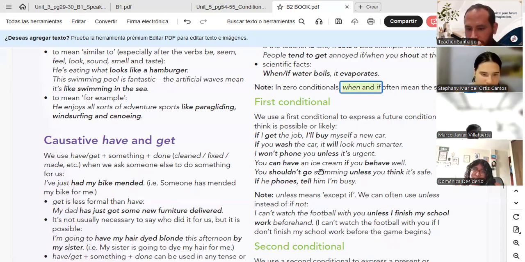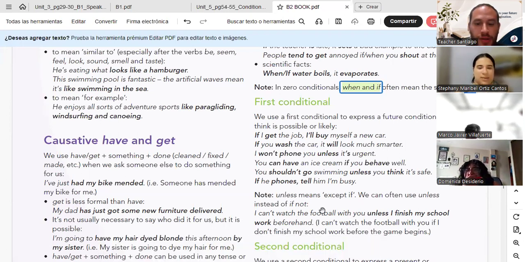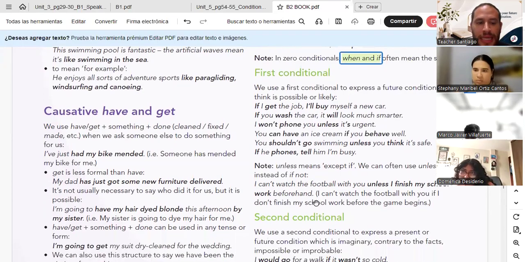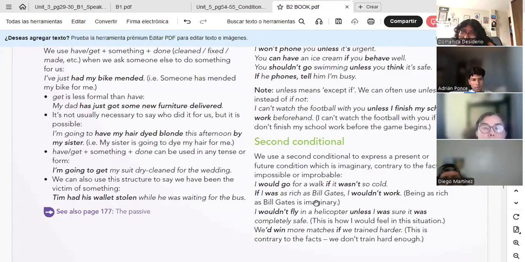I can watch the football with you if I don't finish my homework before the game begins. Thank you, Stephanie. So notice, unless mean excepto si o a menos que. Si vamos a decir, cuando la condición esté sujeta a menos que se cumpla esto, usamos unless. A menos que. And finally, Katie, second conditional, please.